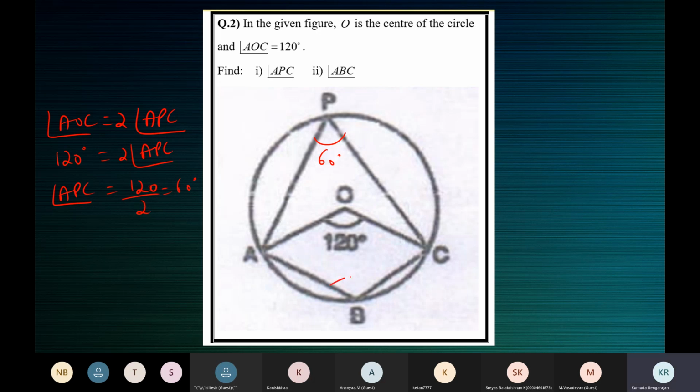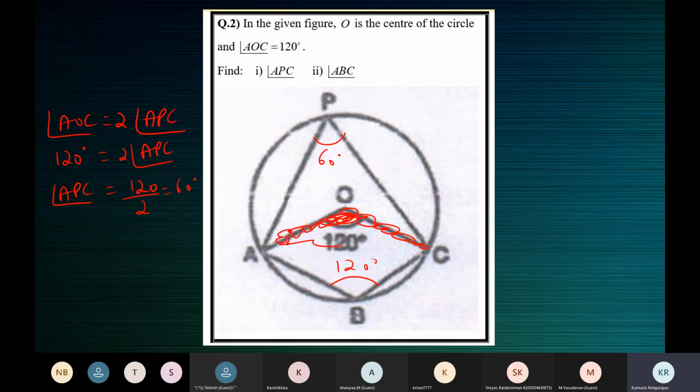Please use the property of a cyclic quadrilateral and tell me the measure of angle ABC. 120, because opposite angles of a cyclic quadrilateral are supplementary. Very good. Angle ABC is 120 degrees.